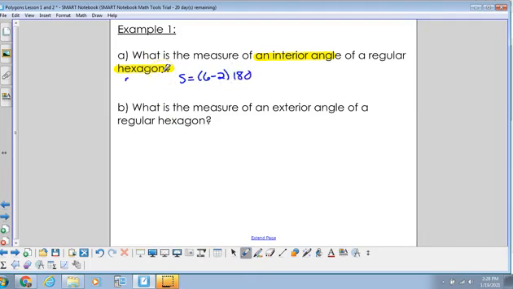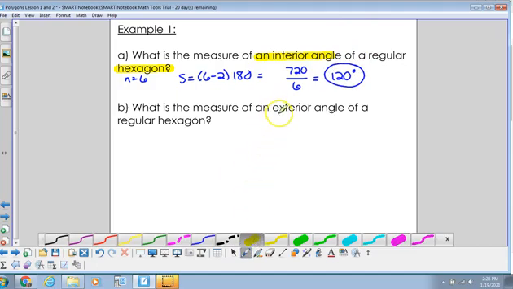So I'll just write over here for hexagon, n equals 6. So 6 minus 2 times 180. So that sum is going to be 720. That's the sum of all of them. And we want one of those angles, so we'll divide by 6. And we'll find that one interior angle is 120 degrees on a regular hexagon.